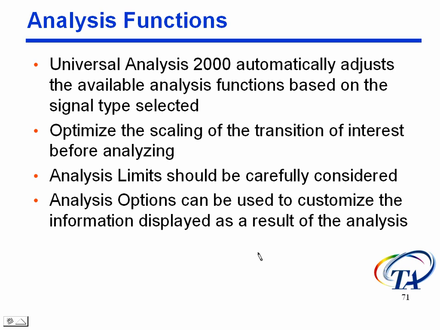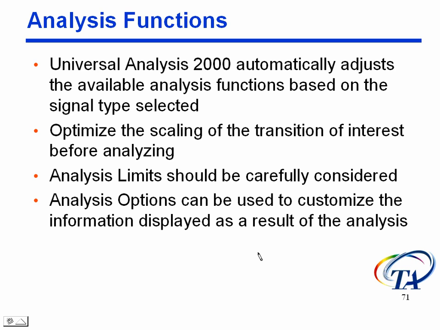Now, we don't really have time to get into this subject very much right now, but I really want to emphasize that analysis limits will influence the values you get. So you really want to carefully consider that. This subject I cover in considerably more detail in the next course.